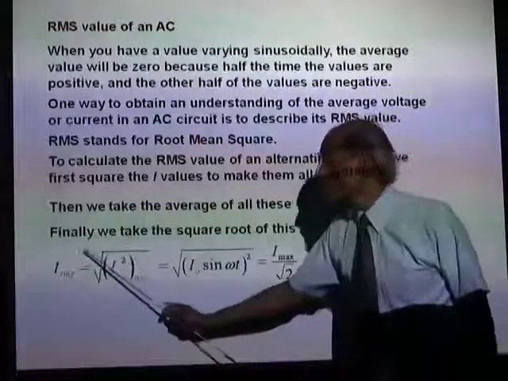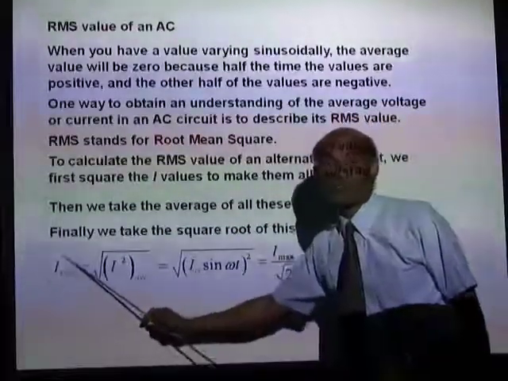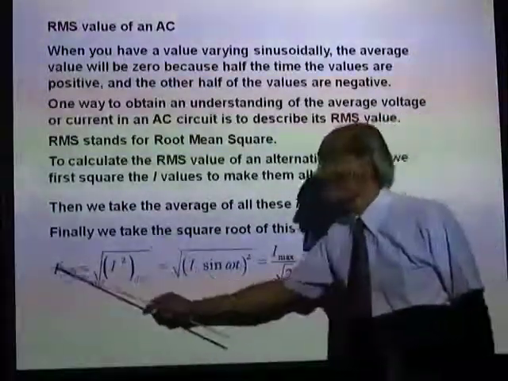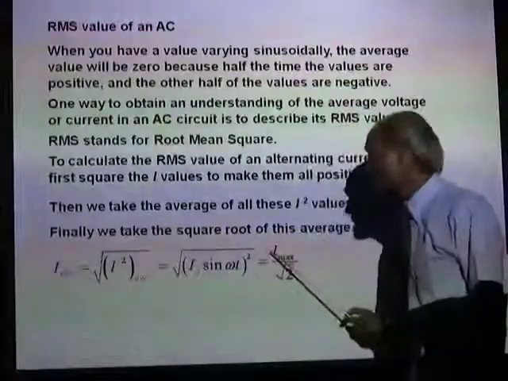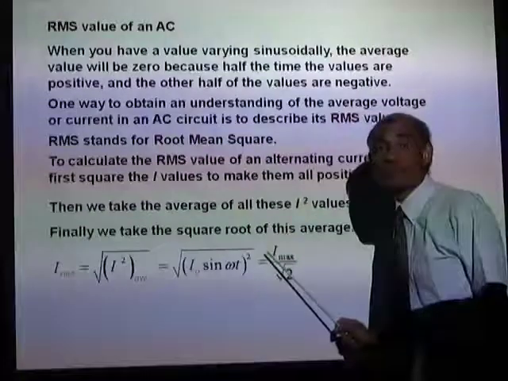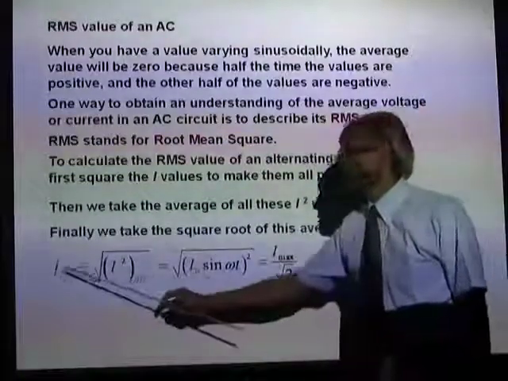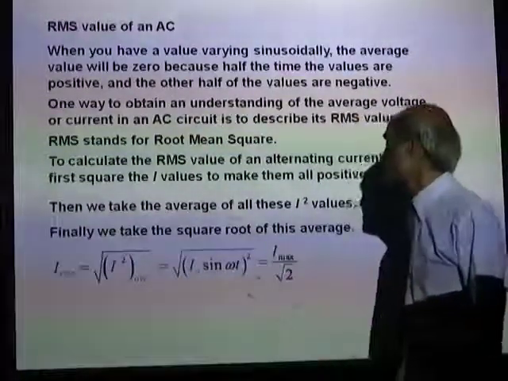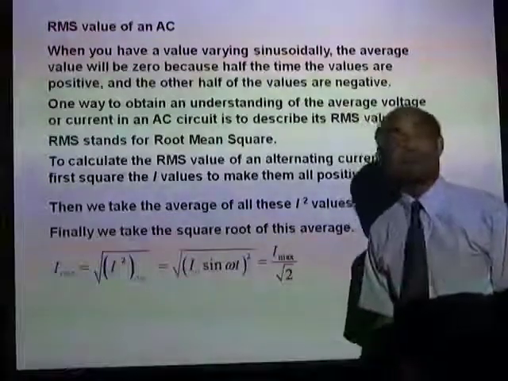Now, what I want you to do is to recognize the relation between I RMS and I max. The RMS value of the current is related to the maximum current as I RMS equal to I max divided by square root 2.